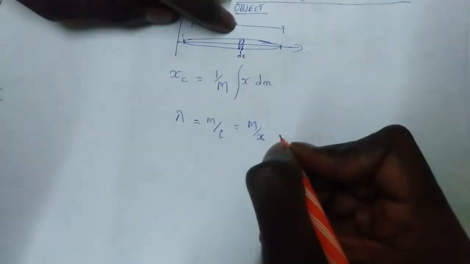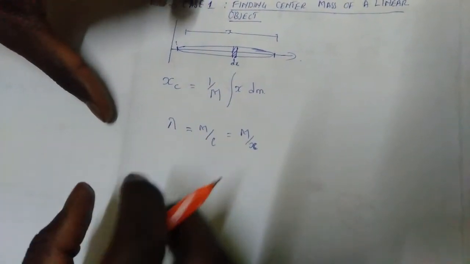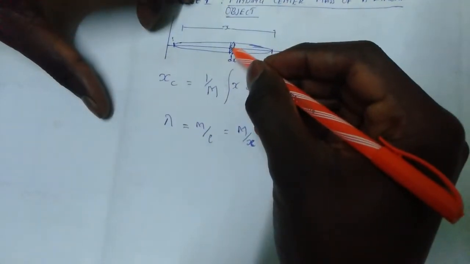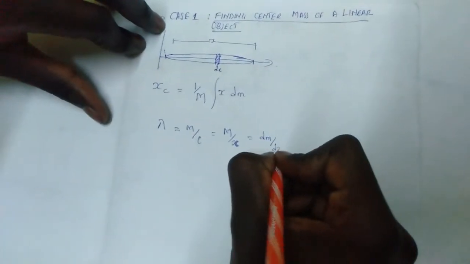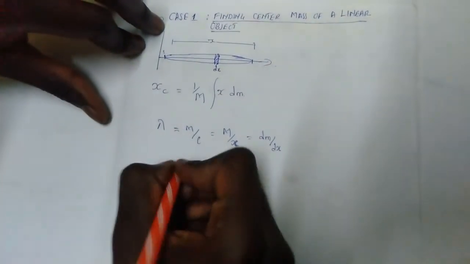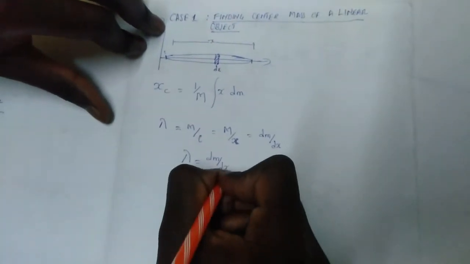The length is distance x, as you can see up here. But in this case, we took a portion of an infinitesimal, small particle, so the mass will be denoted as dm over dx. So lambda equals dm over dx.